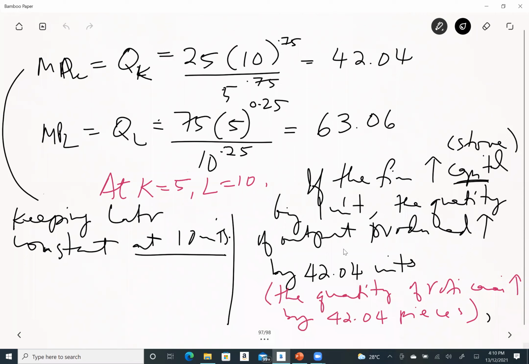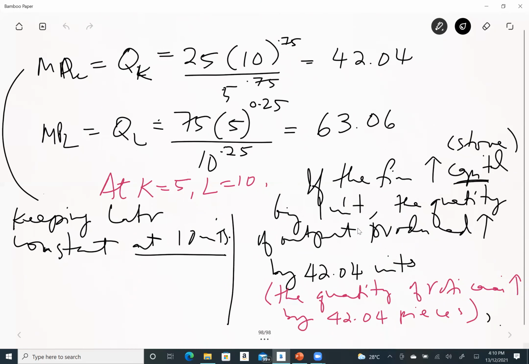Alright, so in short, which one is more productive, labor or capital? Labor. Which input gives you more increase in output? Labor. Okay, because MPL is 63, MPK is 42.